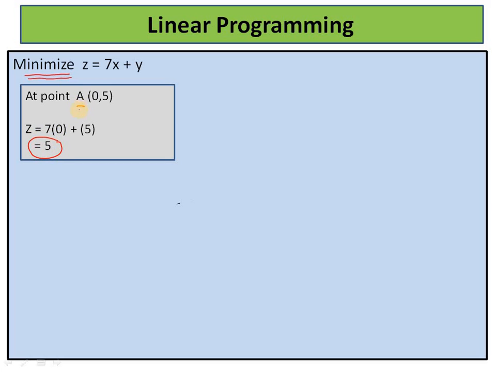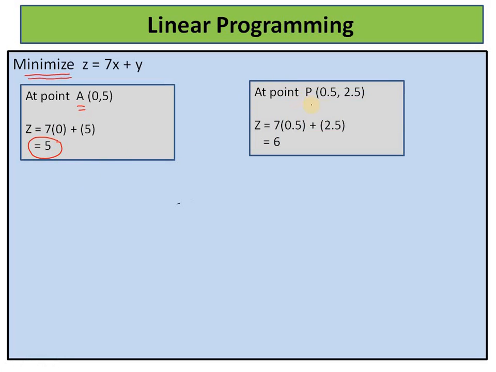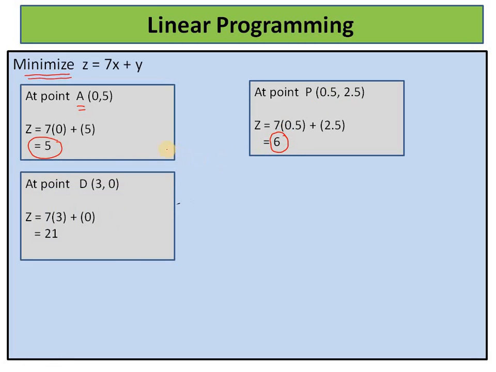This is at point A. Similarly, at point P, when I put x equal to 0.5, y equal to 2.5, I get z as 6. And when I put at point D, x is equal to 3 and y equal to 0, I get z as 21.